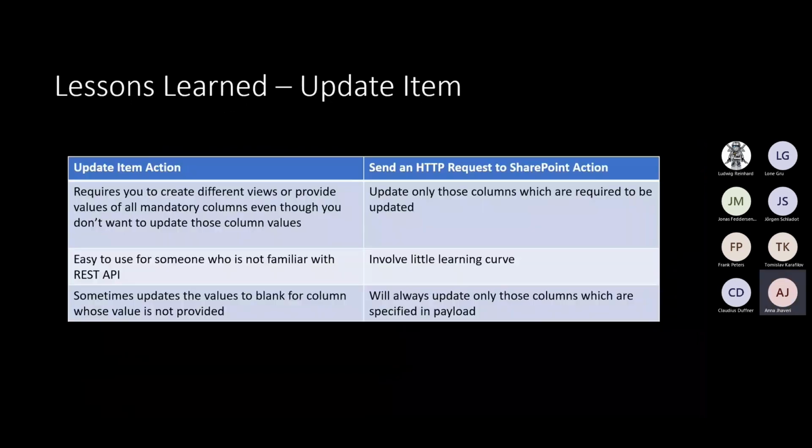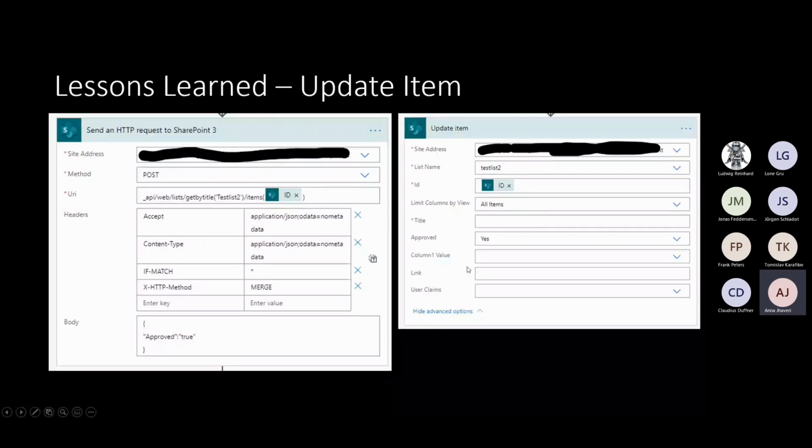Then we also came across this: when using update item, if there are columns that we did not provide a value for, for example, link is not a mandatory field, and I'm not providing the value of the link here, the link field in my update using this update item was being set as blank.